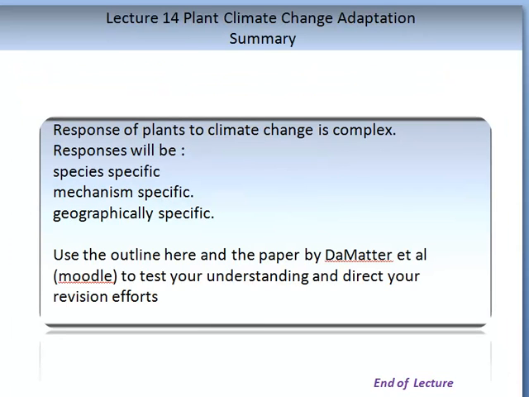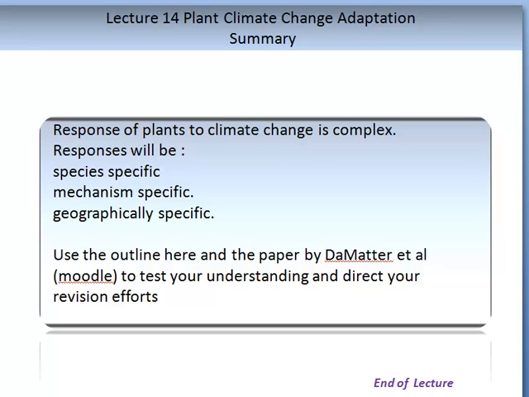In summary, the response of plants to climate change is very complex. Responses will be directed by the species, the mechanism, and the geographic location. What I mean by these is a wheat plant may respond differently to a set of climate inputs than an oat plant.